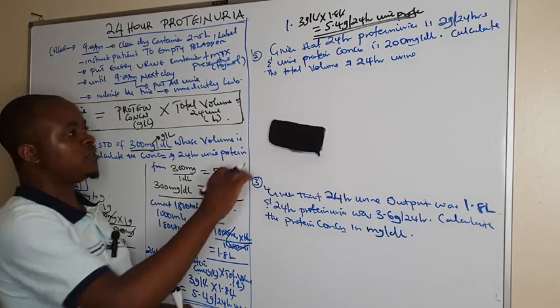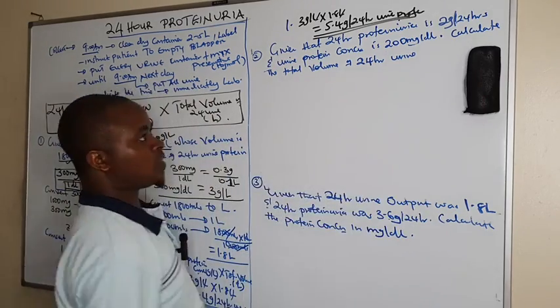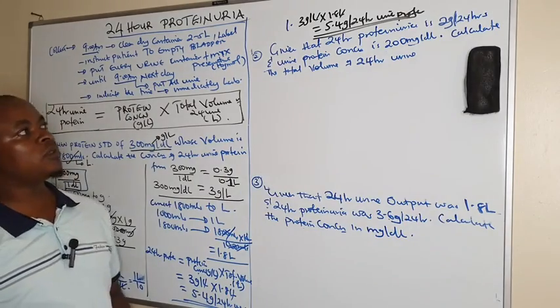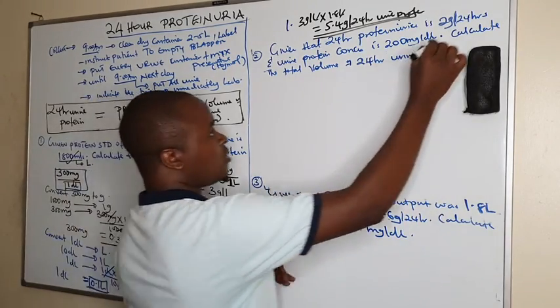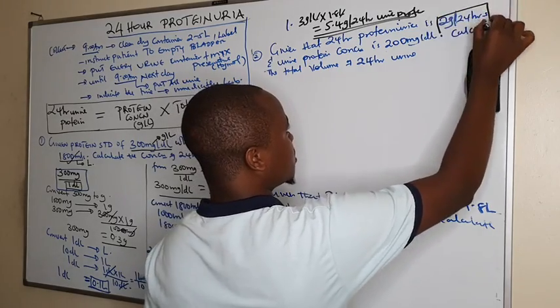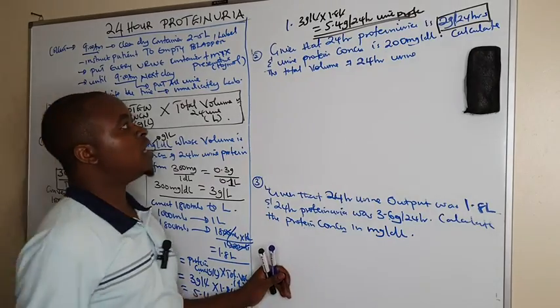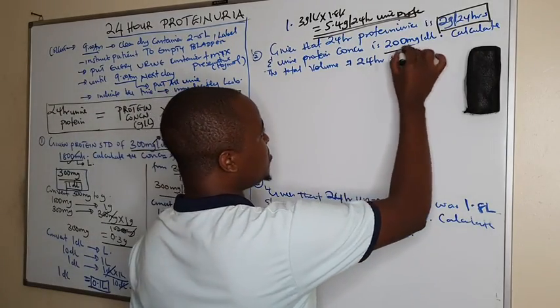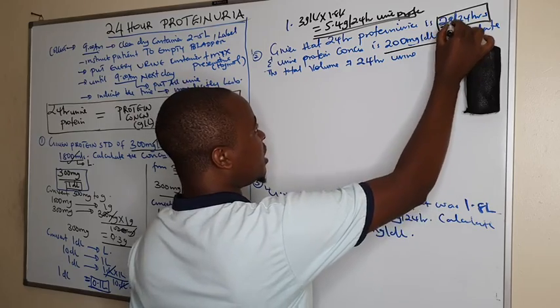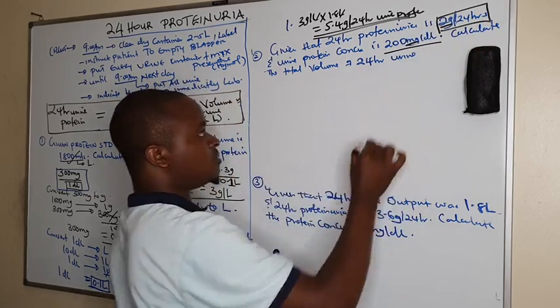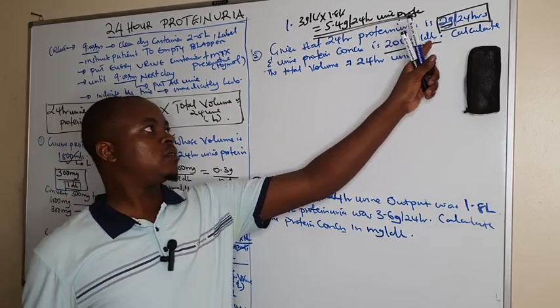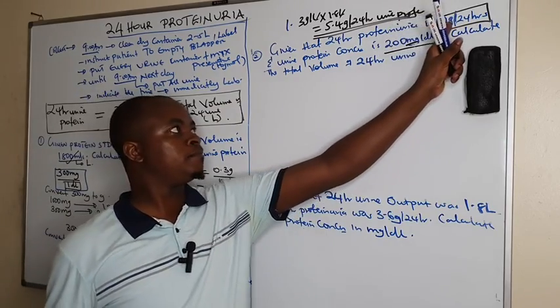Then the second exercise or example. We are given a 24-hour urine proteinuria of 2 grams per 24-hour urine, and the protein concentration is in milligrams. So I'm seeing here you have grams, here you have milligrams, and the units should be the same.